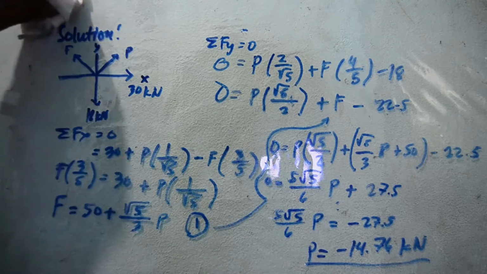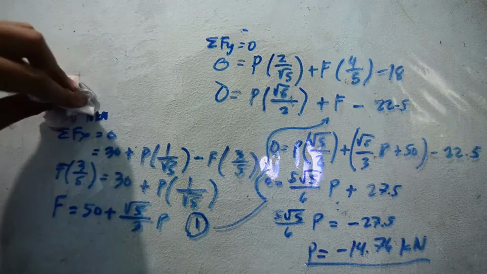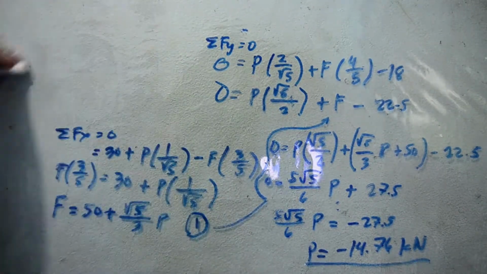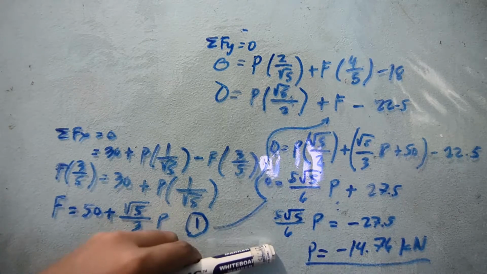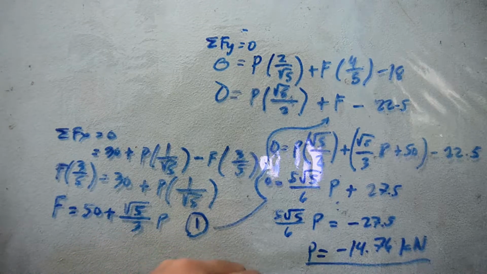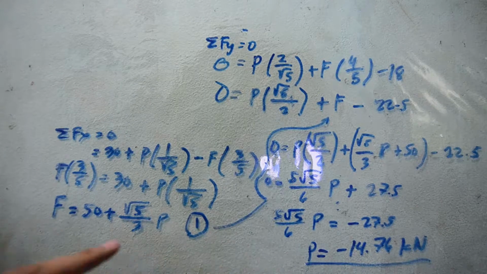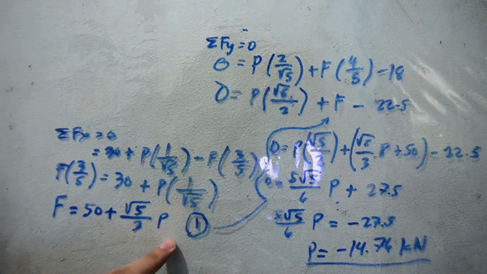Let's erase this in order for us to get the value of p and the value of f. So since we already have the value of p, which is negative 14.76 kilonewton, we're going to use this value and substitute it in the p in the equation 1.